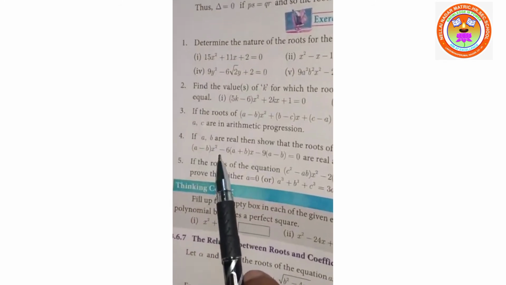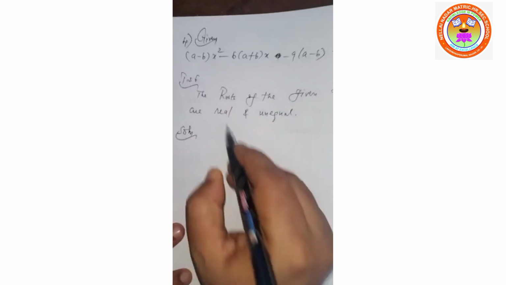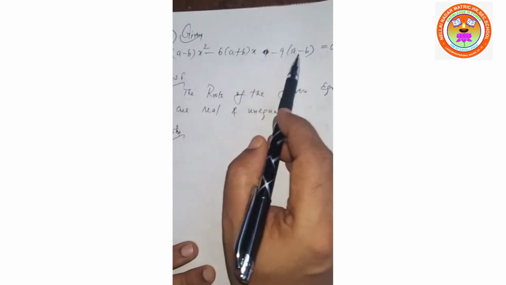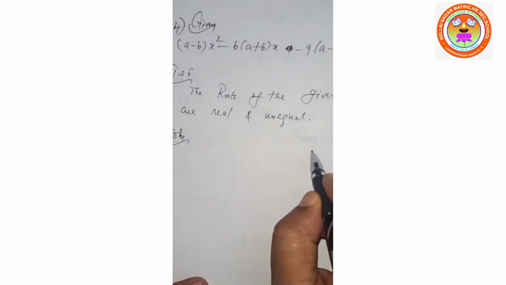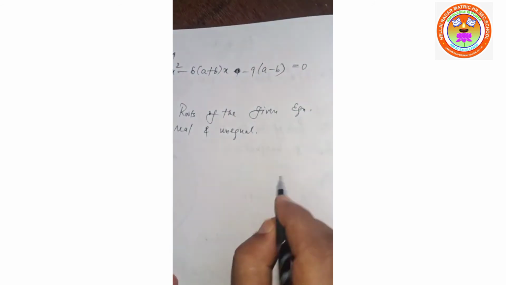If a and b are real, then show that the roots of the given equation are real and unequal. Solution. Compare the given equation with the general equation of the quadratic equation, that is ax square plus bx plus c equals 0.